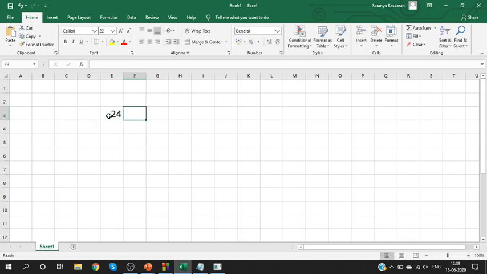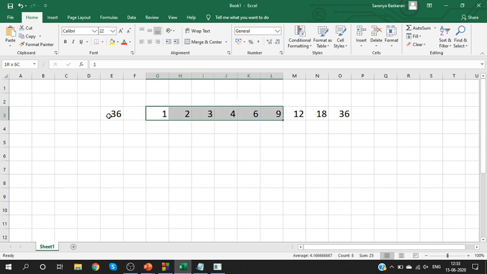See, consider the number 36. What are the factors of 36? 1, 2, 3, 4, 6, 9, 12, 18 and 36. These are the factors of 36. You will write it in a linear format, in a straight line.